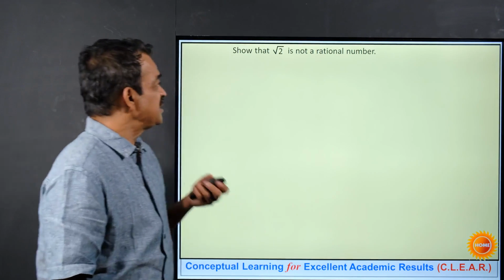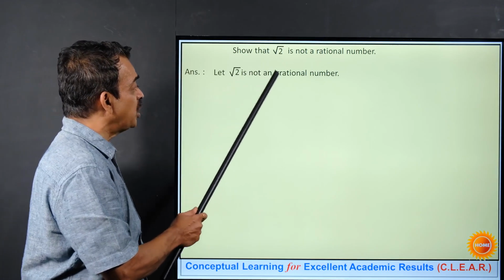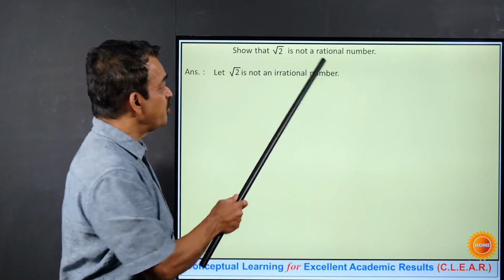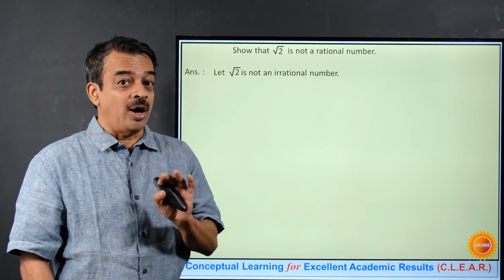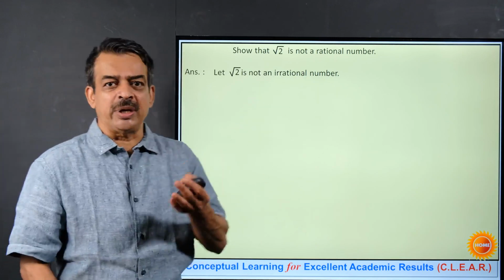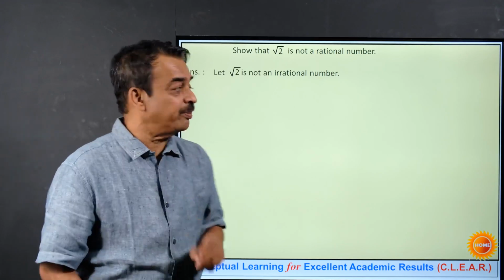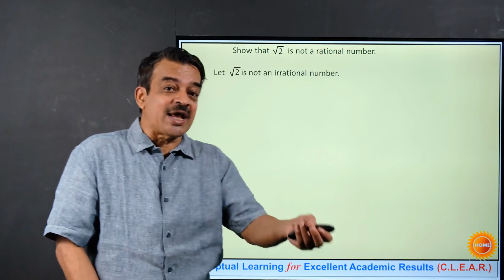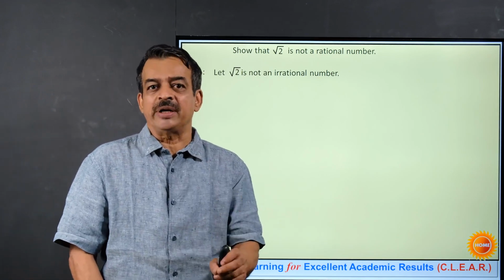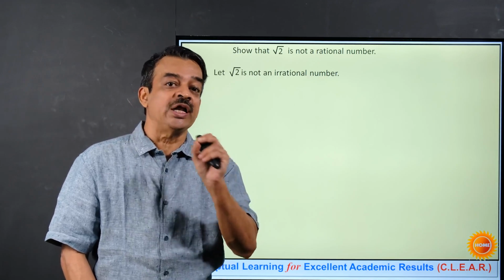So either you make the opposite of the word not or the opposite of the word rational in mathematics. Okay. So let's see. I'm beginning with, let us assume that root 2 is not an irrational number. So I have chosen the opposite word of rational. Okay. Now, as you have written this statement, it will keep on giving you additional statements. Let's see what the statement is. When I say that root 2 is not an irrational number, in mathematics, up to 10th standard, you learn up to real numbers.